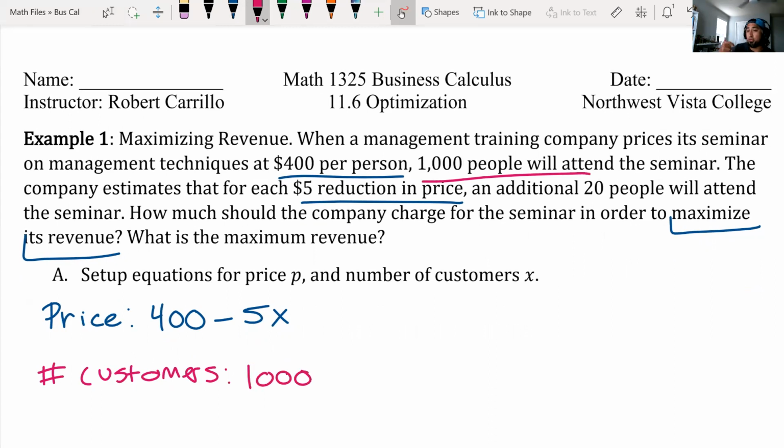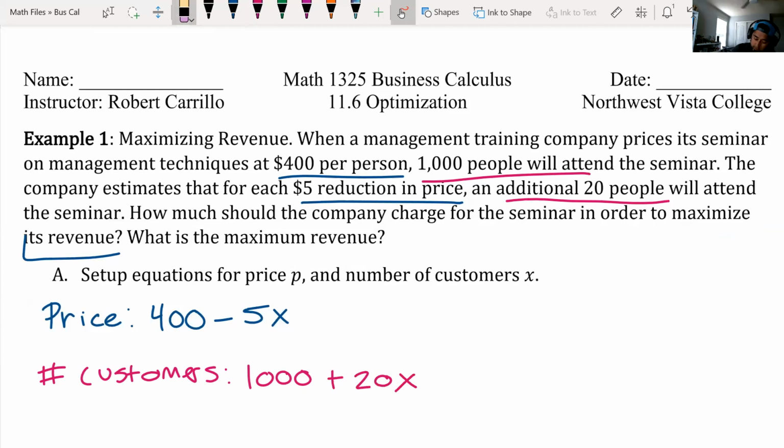But then for every $5 reduction, an additional 20 people will attend. So if you do one $5 reduction, 20 people will come. If you do $10, 40 people will come, and so on. So the formula for customers is going to be 1,000 plus 20x. And here is the amount of customers that will come based on the price of this seminar.